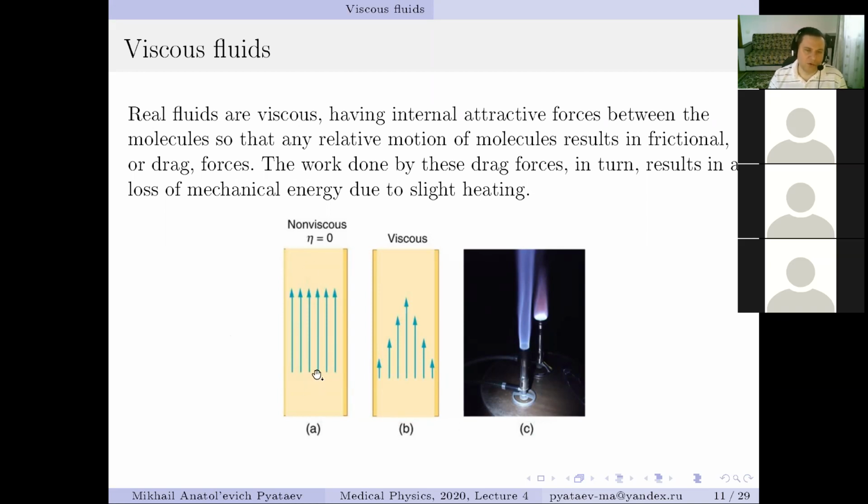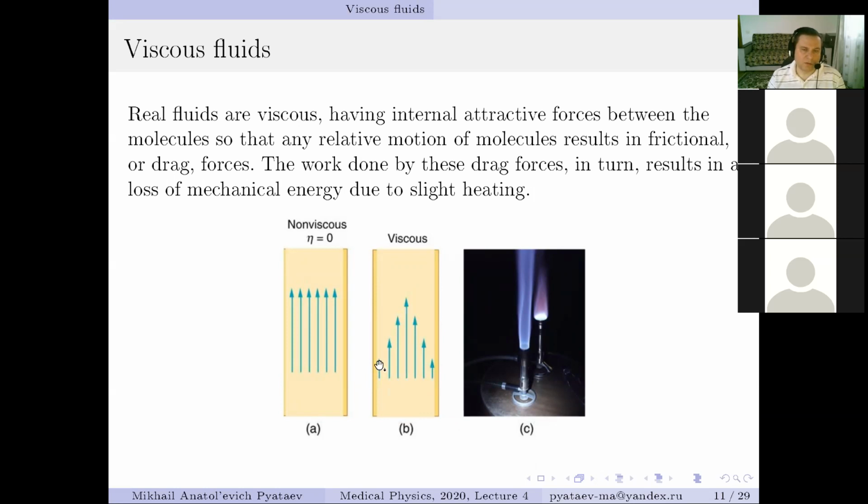The velocity distribution looks like the one shown in figure A here. Another example of uniform and non-uniform velocity distribution is shown in figure C.